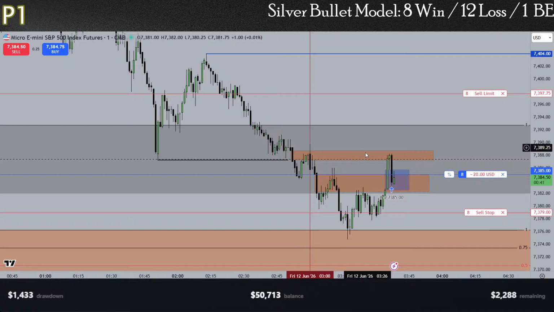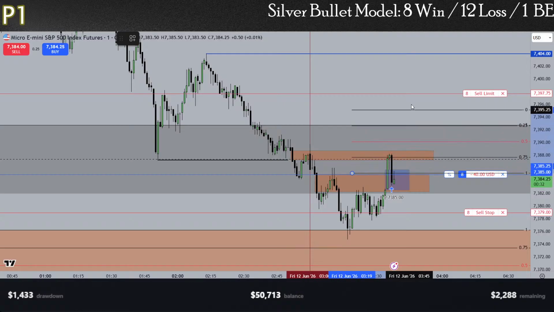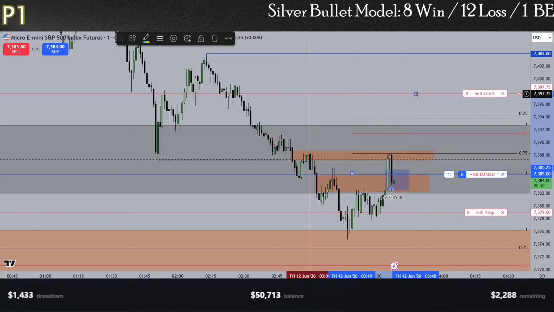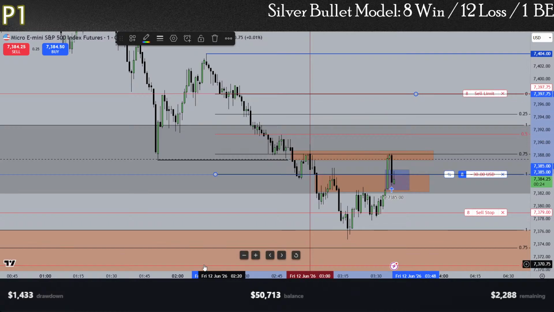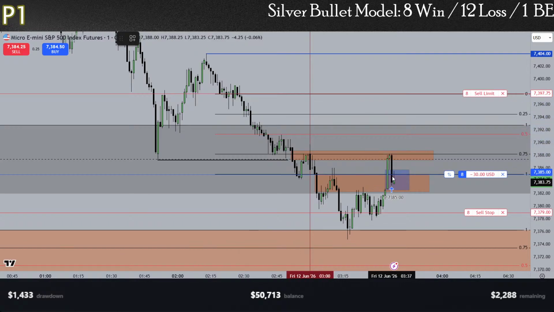So technically, this is what I was looking for. So let's see if we can deliver that. So now setting the potential break-even point, which is 75% from the entry to the target.